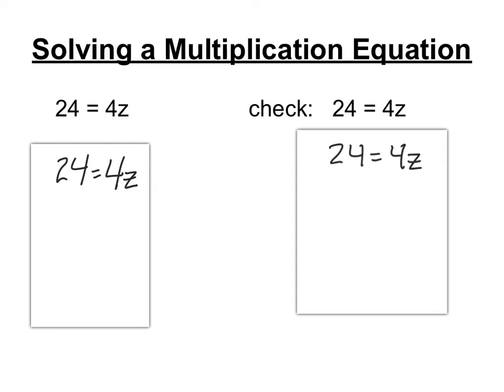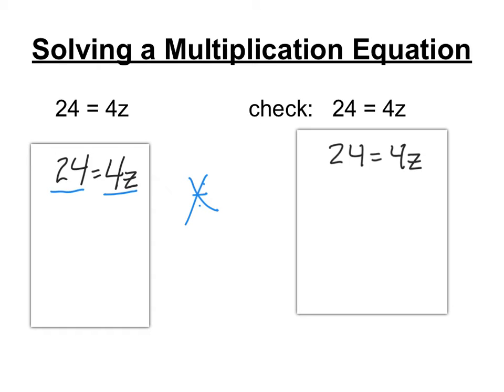When I do division, I'm going to draw a bar under each side of the equation because I'm going to turn these into fractions. We use fractions in algebra. We don't use this symbol, and very seldom do we use that symbol. But especially when we're solving an equation, we never use that symbol.